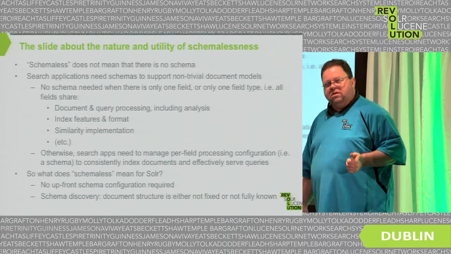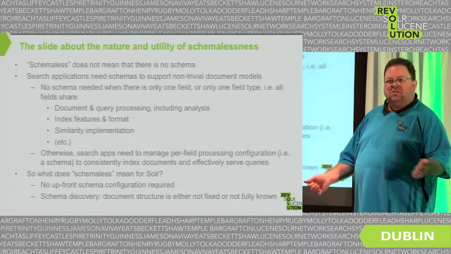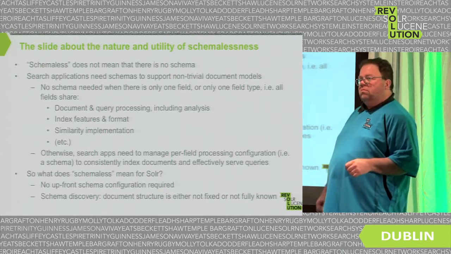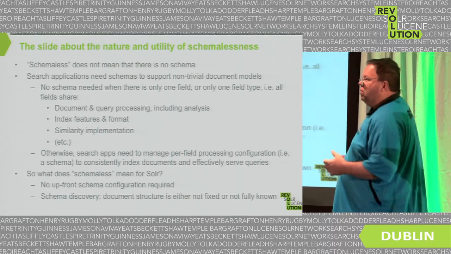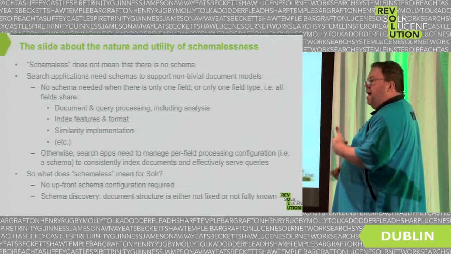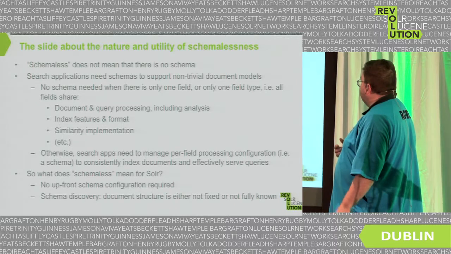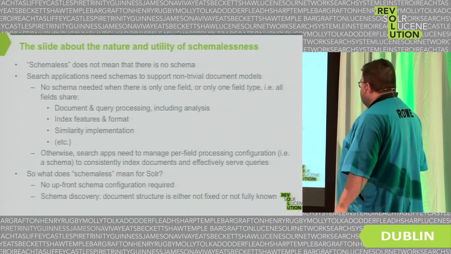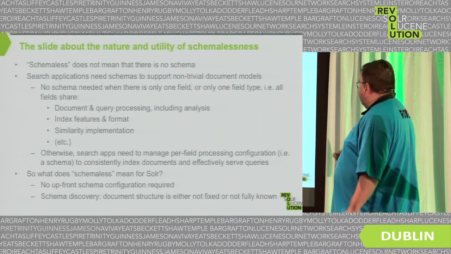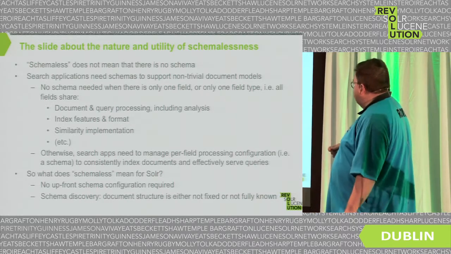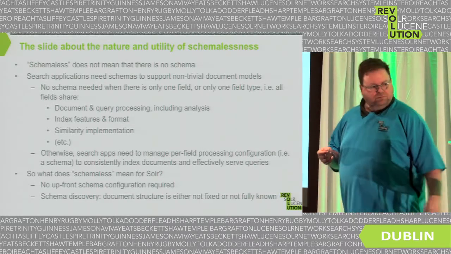What schemaless mode does is make it so that that's behind the scenes, and users beginning to use Solr don't need to know how to do the manual configuration that's otherwise required. You could consider this as a sort of schema discovery. Document structure is either not fixed or it's not fully known.